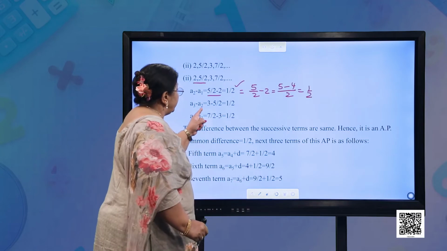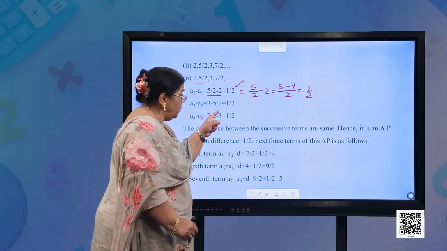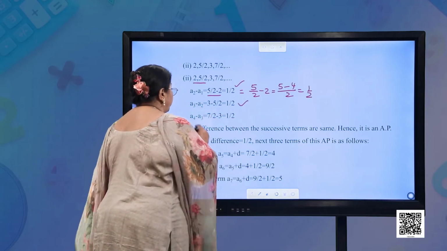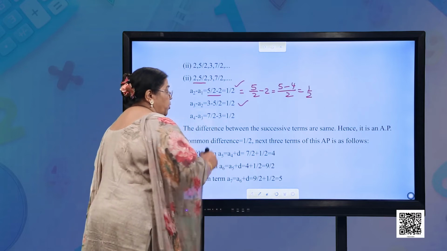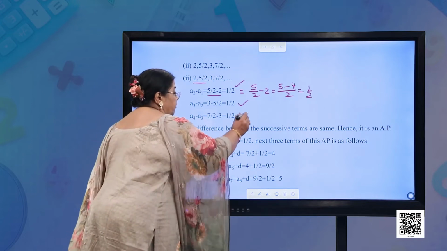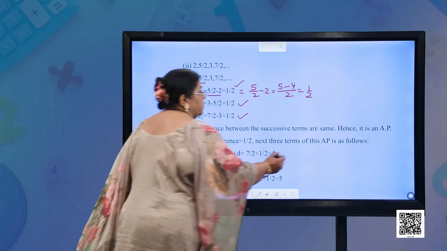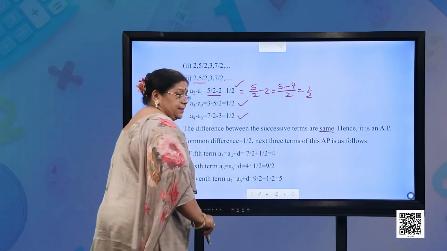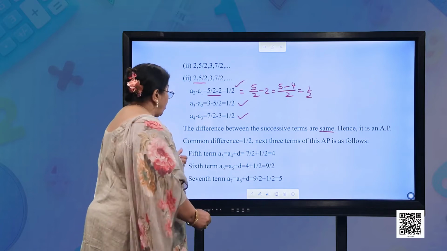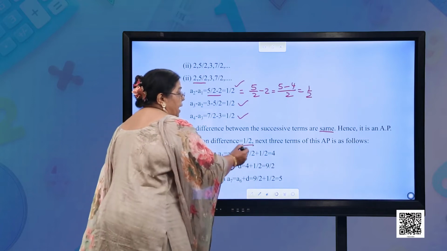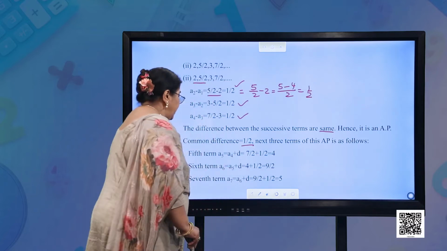Likewise, A3 minus A2 will be 3 minus 5 upon 2, that is again 1 upon 2. A4 minus A3 is 7 upon 2 minus 3, that is equal to 1 upon 2. What do you notice? The difference between the successive terms are same, hence it is an AP. Common difference is 1 upon 2 and next 3 terms of this AP will be as follows.